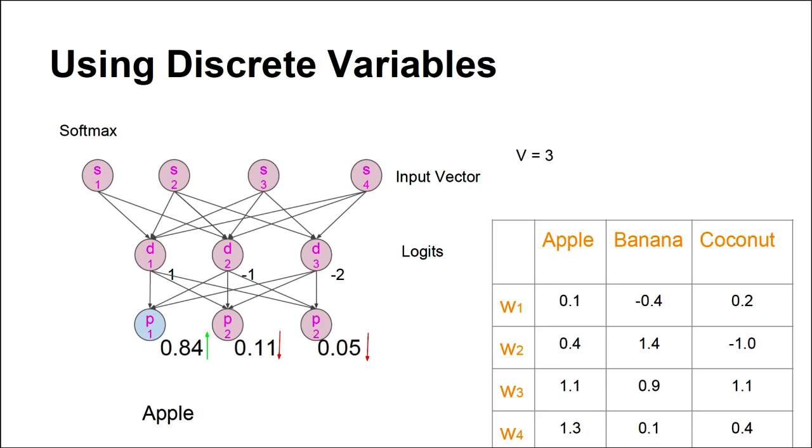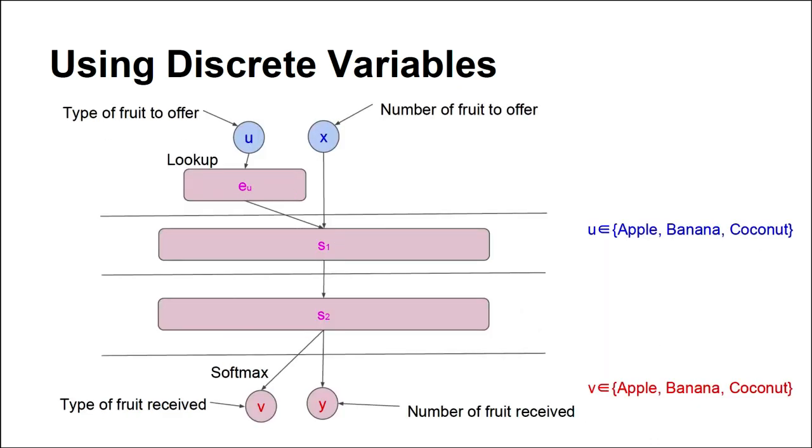What will happen is that because of that division, not only will the model update itself so that the probability of the apples gets higher, but it will also update the other ones to be lower. And basically, now we can build a model that takes the number of fruit and the type of fruit, and will also return the number of fruit and the type of fruit that the Cookie Monster will give back.